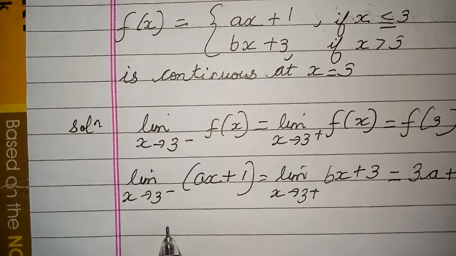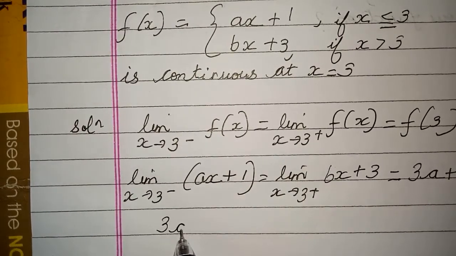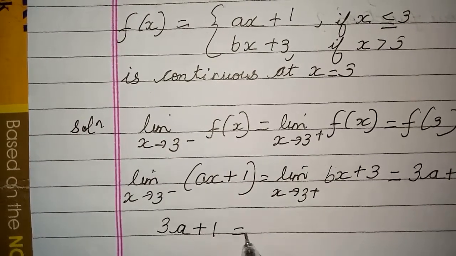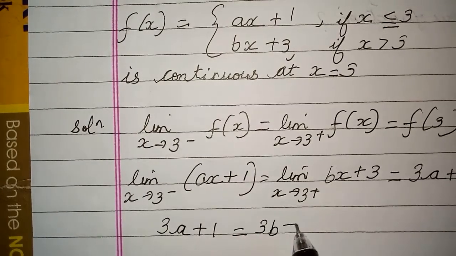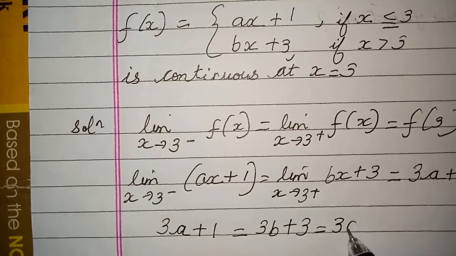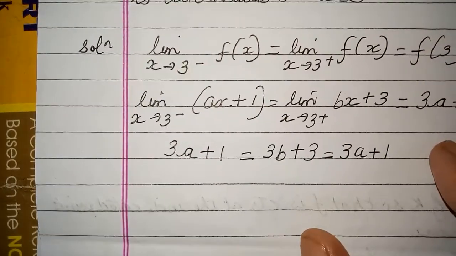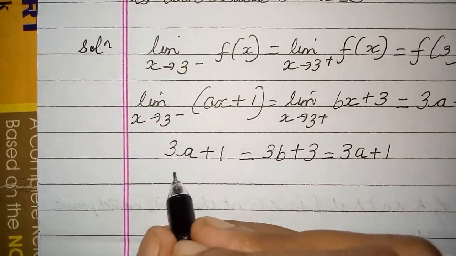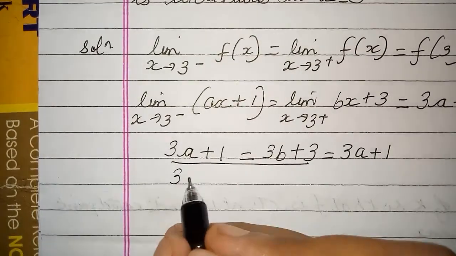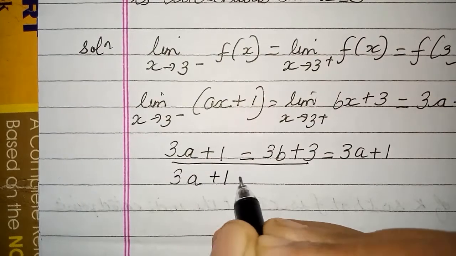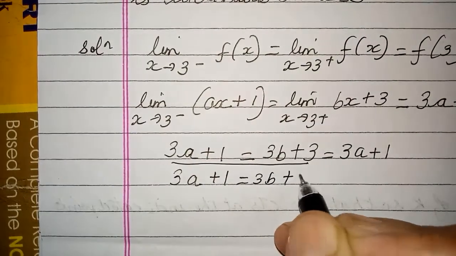So here again it will be 3a plus 1 is equal to 3b plus 3 is equal to 3a plus 1. Okay, now just consider this equation because first and third are the same. So 3a plus 1 is equal to 3b plus 3.